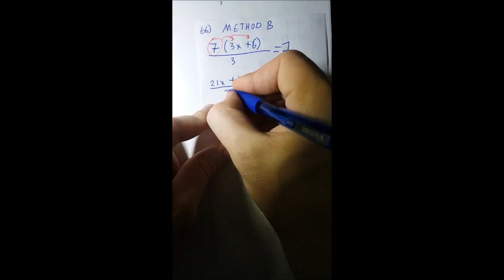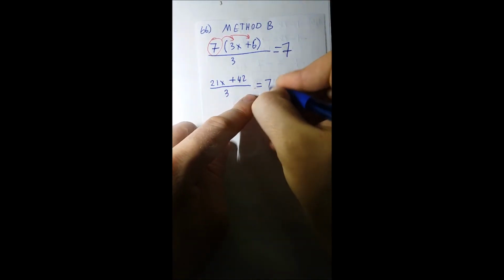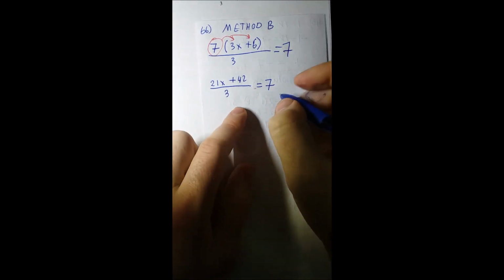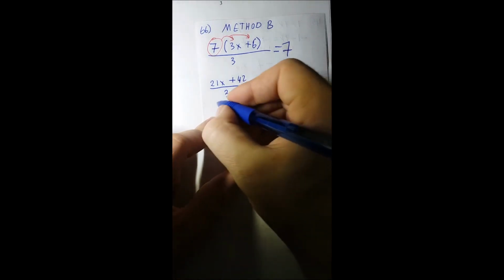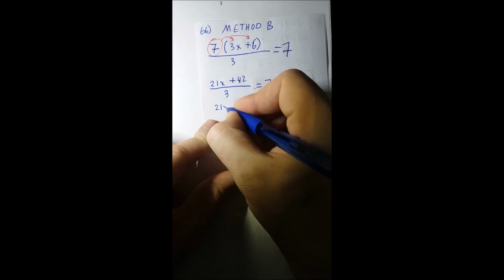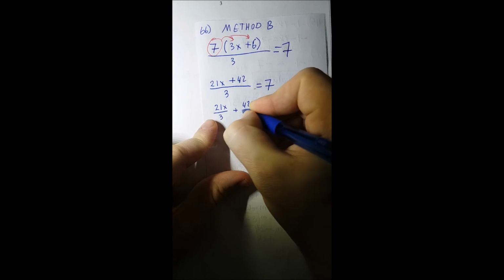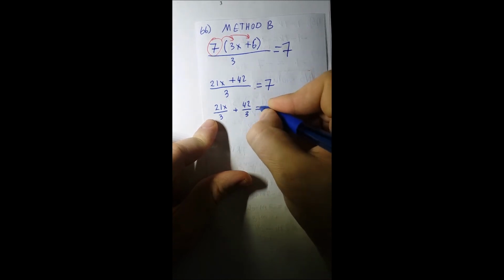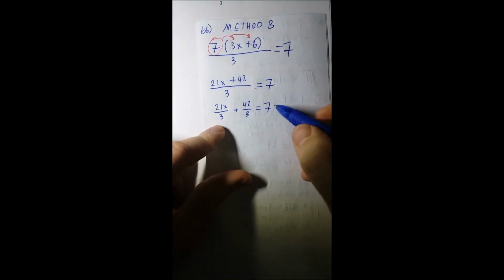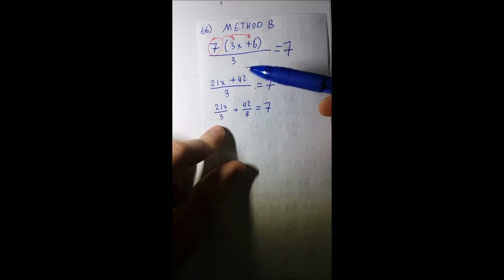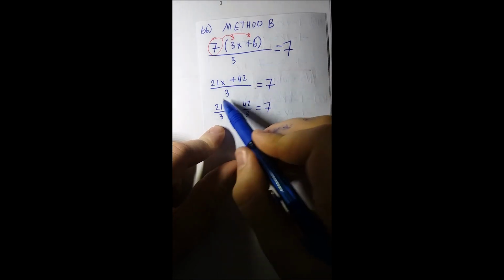All of that is over 3 equals 7. And let me show you a trick. If you see something like this, you can write it as 21x over 3 plus 42 over 3 equals 7. So you can separate that because the denominators are the same.